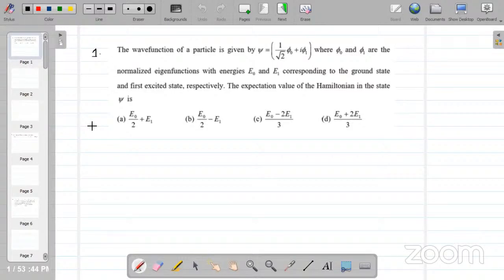Yes or no? Can you be able to see? Yeah, we are able to see.